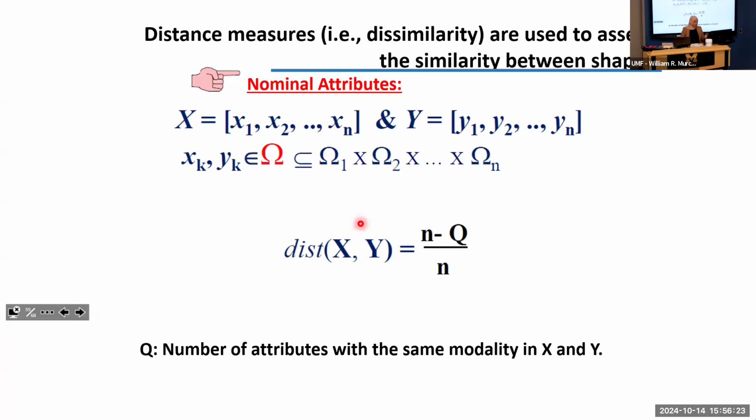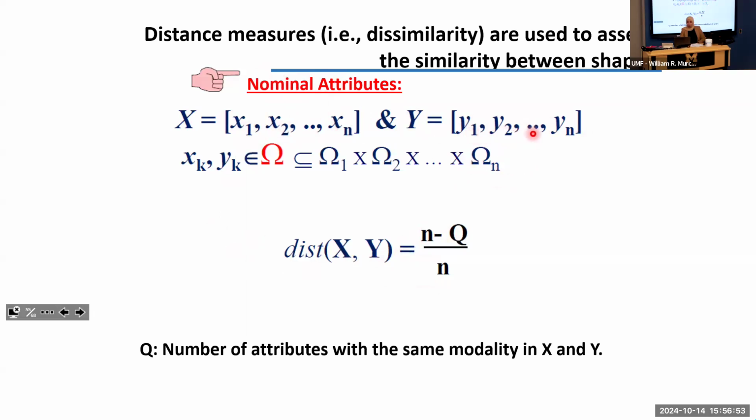It is the distance between two vectors x and y, such that these vectors have nominal attributes, which means that x1 to xn and y1 to yn belong to omega, which represents nominal attributes. In this case, the distance is (n minus q) divided by n, where n is how many elements we have.